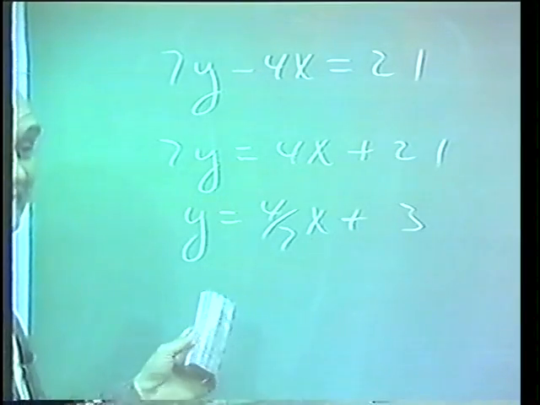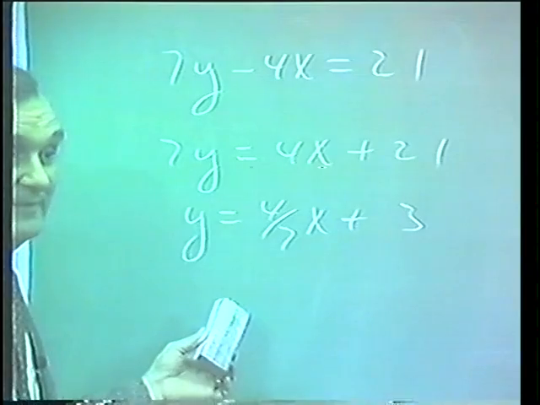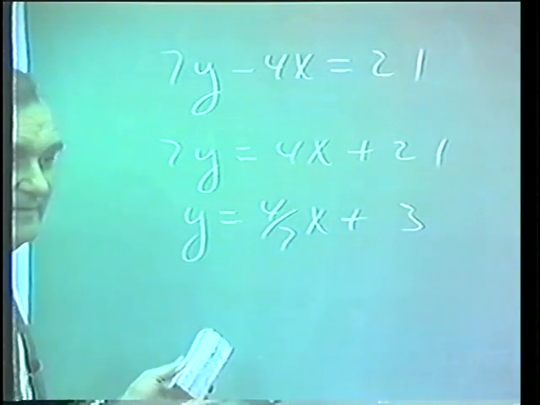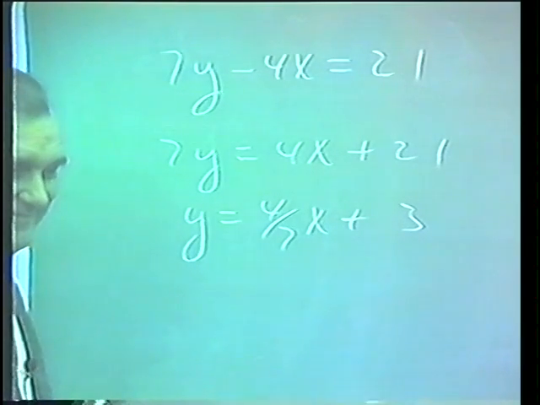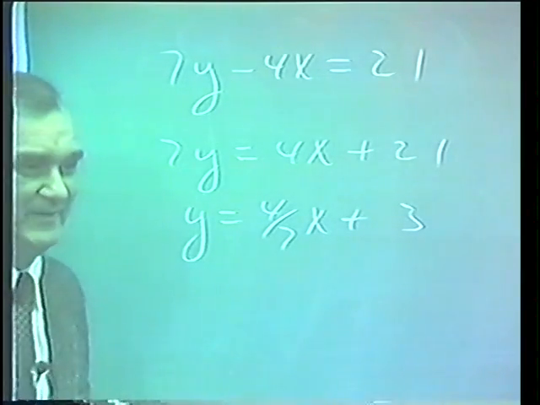When you solve for y, what do you have? Anytime you have an equation solved for y, what do you have? You have the slope and the constant. Yeah, but what do you have when you have the equation solved for y? I mean, when you solve the equation for y, when you have y equal, what's another name for y?